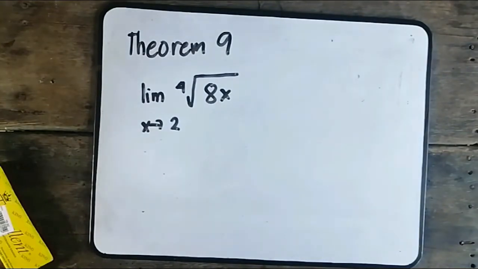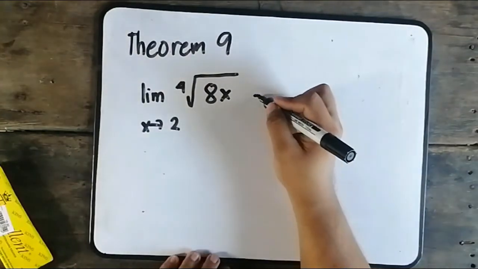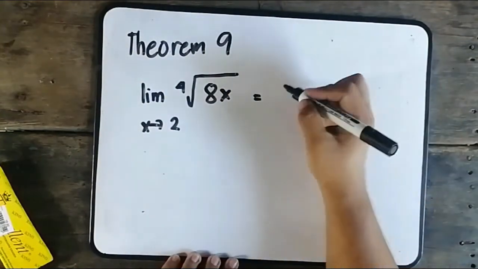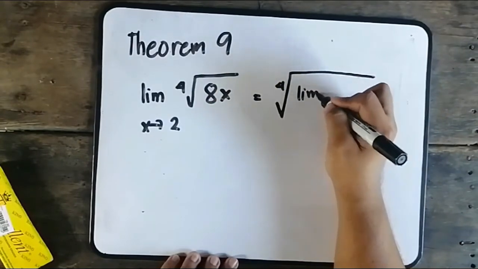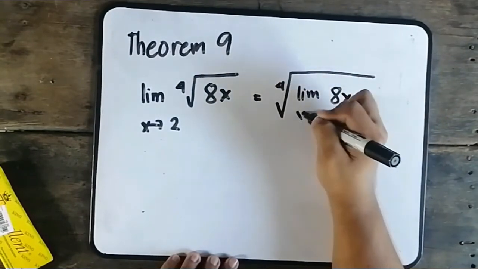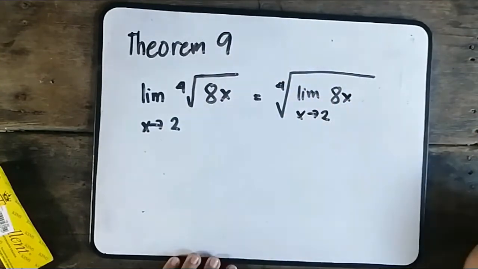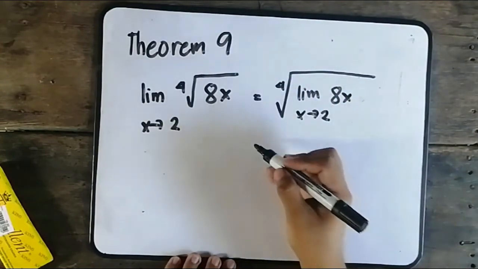So let's consider this example. The limit of the fourth root of 8x as x approaches 2 equals, by Theorem 9, pwede nating ilabas. So yung fourth root of the limit of 8x as x approaches 2. Okay?